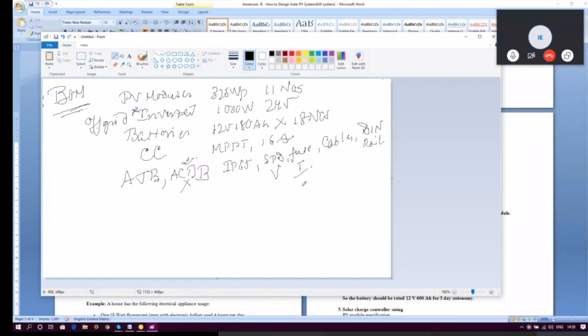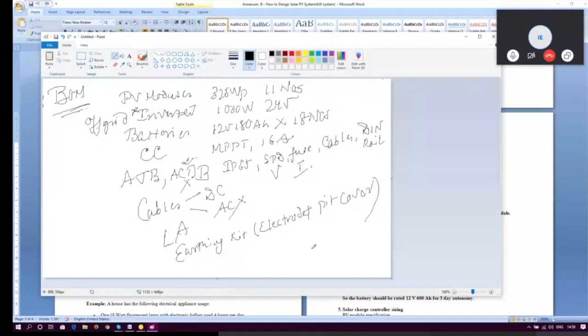Other things would be the same: DC cables, AC cable if you have AC, otherwise not required, LA, lightning arrestor, and earthing kit. Earthing kit is basically the earth electrode plus the pit cover. This is the basic BOM of an off-grid system, right?